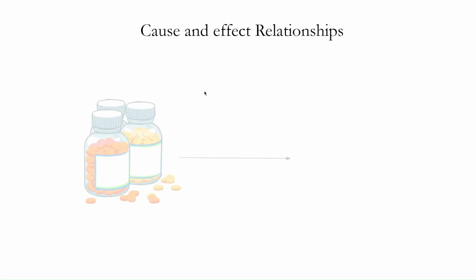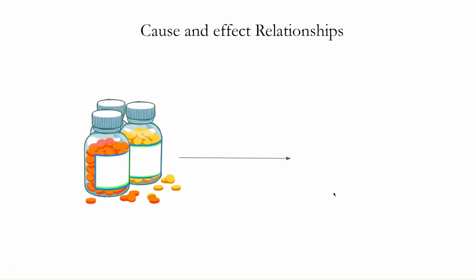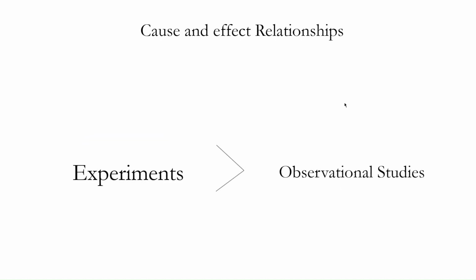Say you're trying to find out if a certain medicine can heal a certain sickness, or the other way around, if this certain medicine is the cause of this certain sickness, then experiments are much better than observational studies, because you have to be able to test the difference of what will happen after the person takes this medicine. Whereas in observational studies, where you're just observing the person in their natural state, maybe you would get it some way, but it's much more difficult than in experiments.